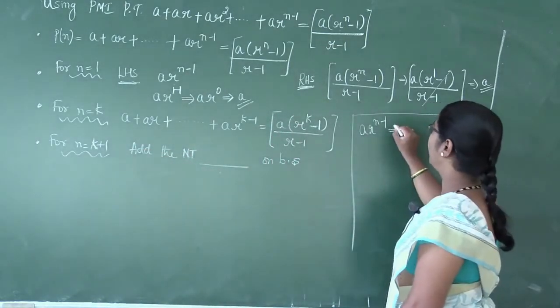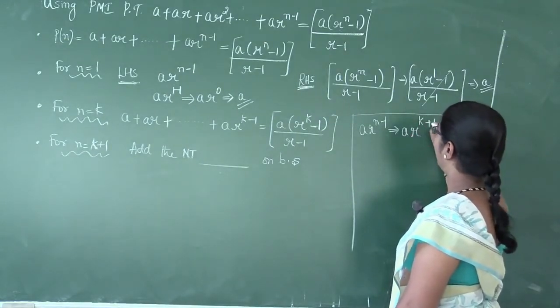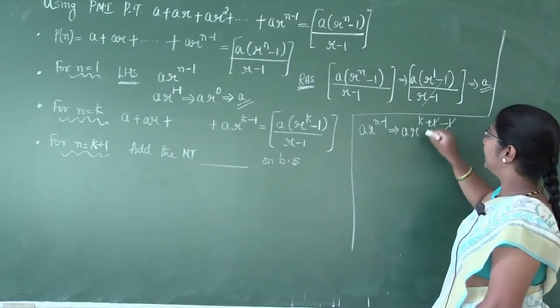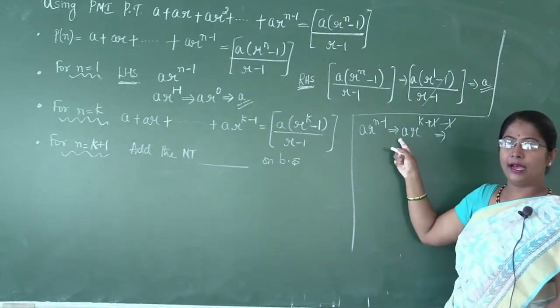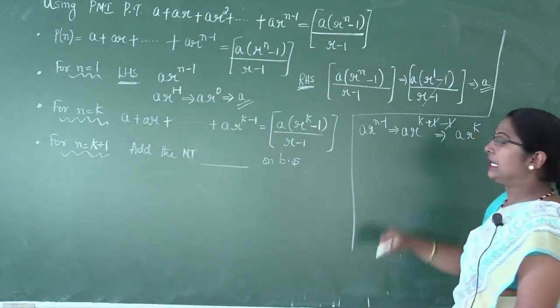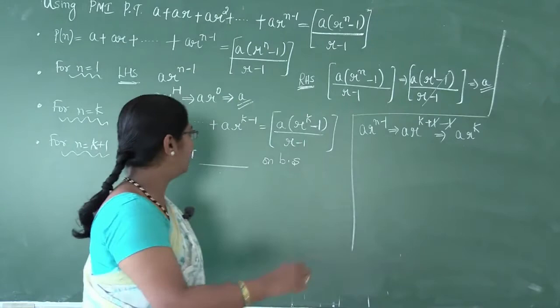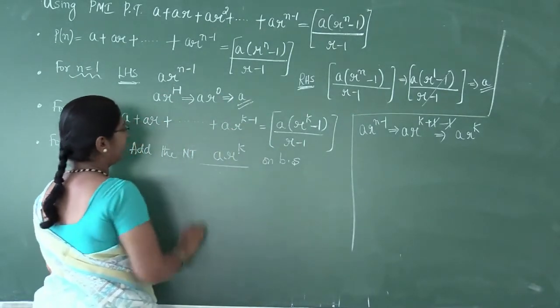So we write A r to the power k plus 1. What is left out? Minus 1. Plus 1 minus 1 get cancelled. So we arrived at A r to the power k. This will be our next term which we are supposed to add on both the sides. Which is the next term? A r to the power k.